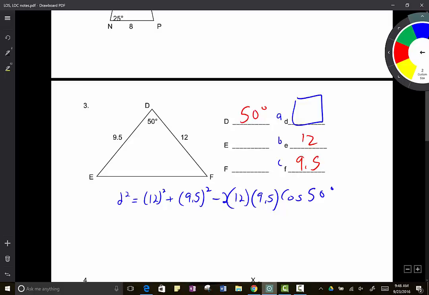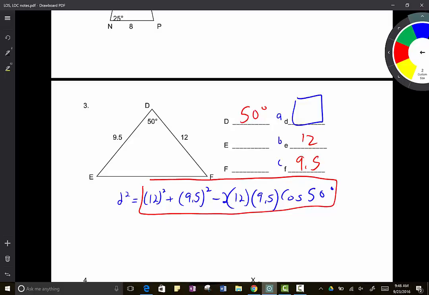Now here's the good news. That looks crazy, but we are literally going to type this exact thing into our calculator, making sure parentheses are all in the same spot. And when I type 12 squared plus 9.5 squared minus 2 parenthesis 12 parenthesis 9.5 times cosine of 50, all of that, I get something that's crazy. So let me try typing that in again.